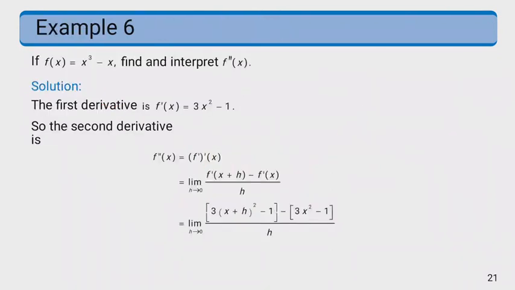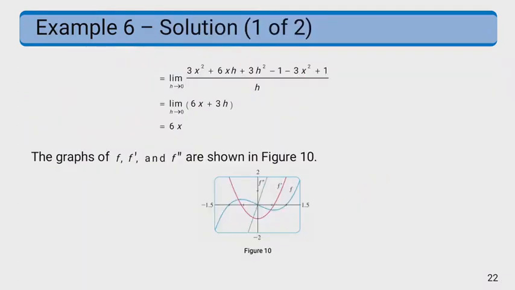So you can do that, and you'll see that if we have this function, the first derivative becomes this, and then you take derivative again of that derivative, you continue here, you end up with 6x here. Looking at the graphs, this is f of x.